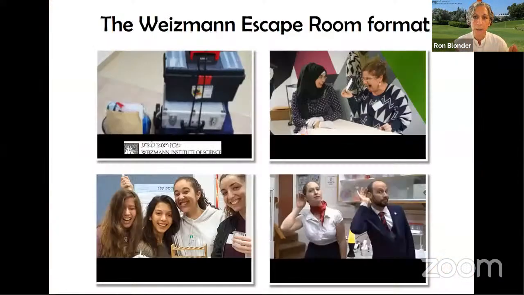At the Weizmann Institute of Science, we have developed educational escape rooms. In this case, we need to take this genre and adapt it to a classroom, to a full classroom of students, but keep the engagement of the escape room, although it is done in school.